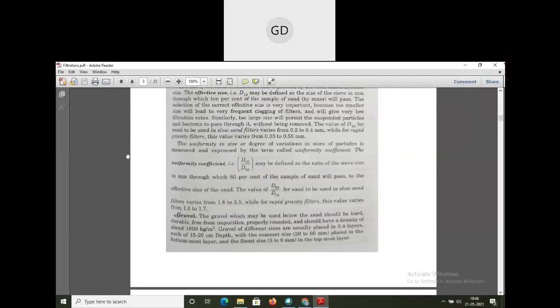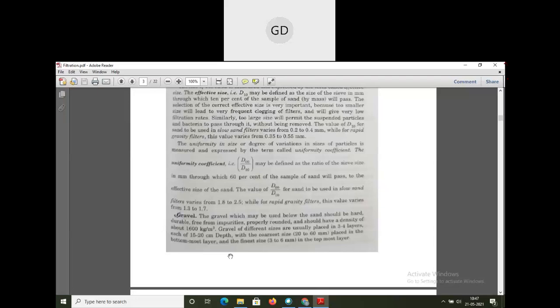So this is about your sand. Now we come to gravel. The gravel is used below the sand. First there will be sand, then below the sand it will be gravel. What are the properties of gravel?